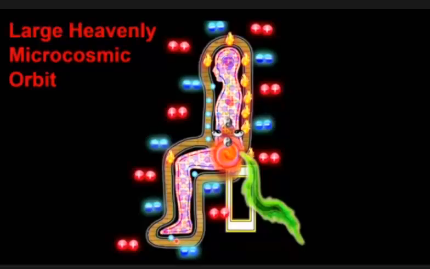And from the Bubbling Spring, it comes back up to the front, to the knee, and back to the perineum again. So it's spinning in an orbit like this. We call it figure 8.